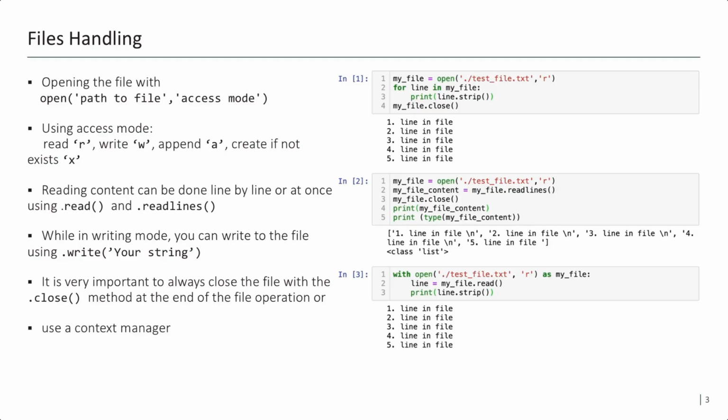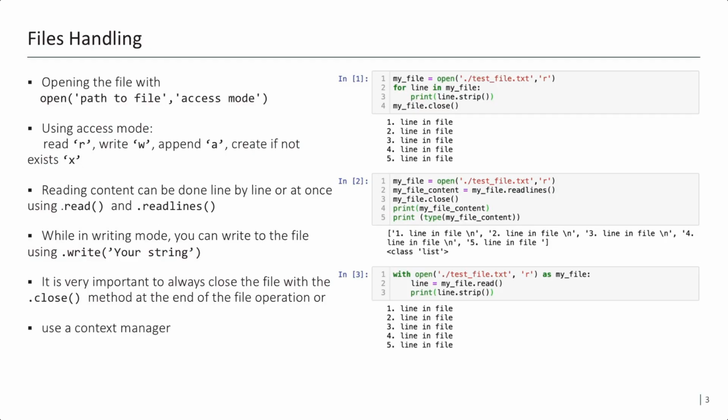Reading the content of files can be done line by line using the read command, or at once using readlines. While in writing mode, you can write to the file using the write command, which takes the text you want to write to the file as its argument.